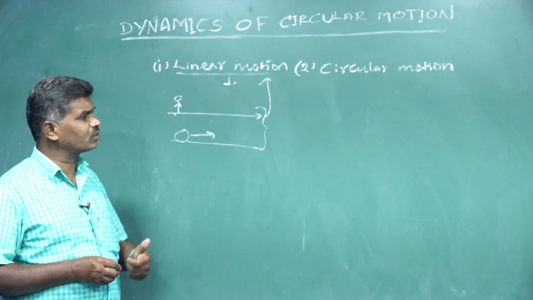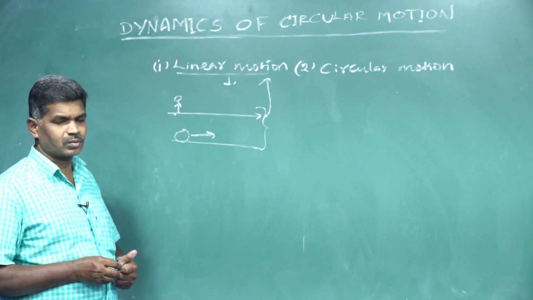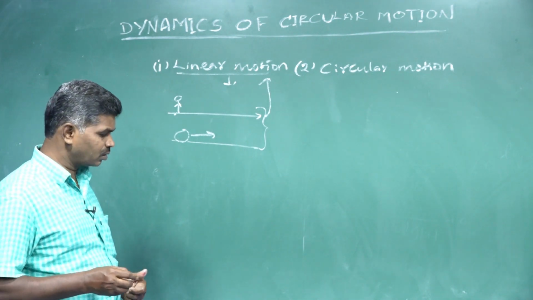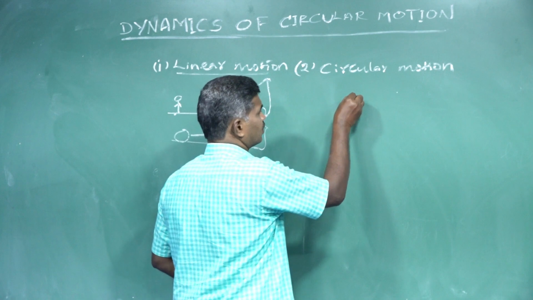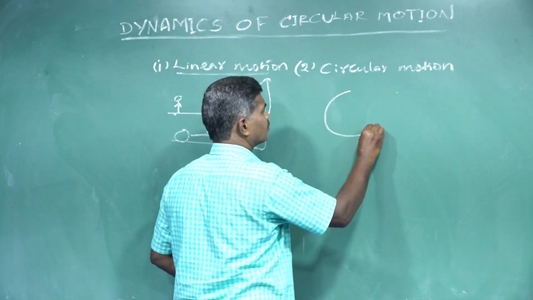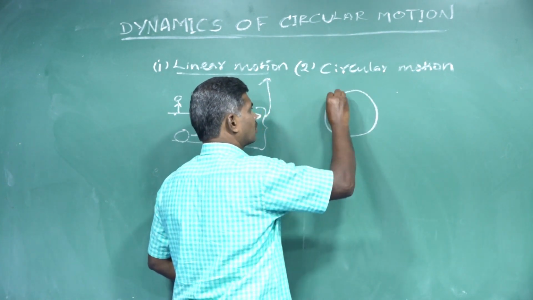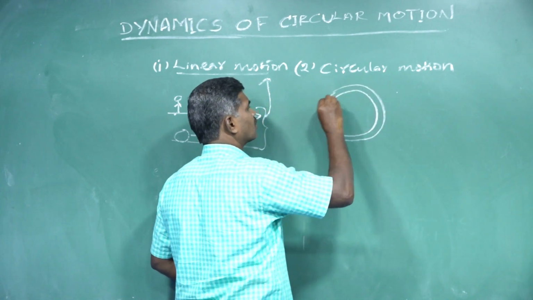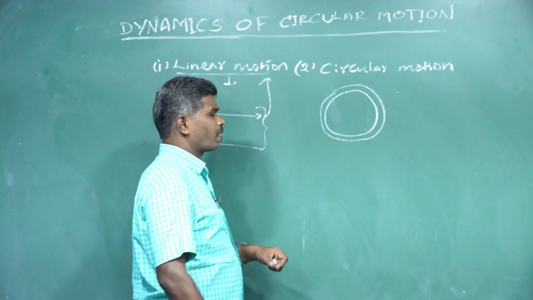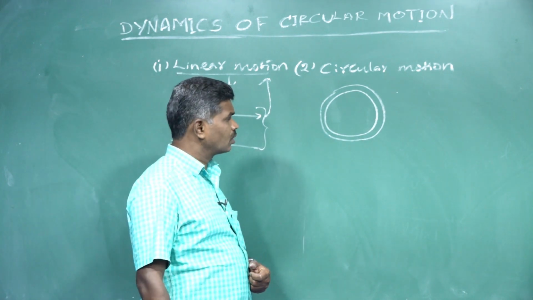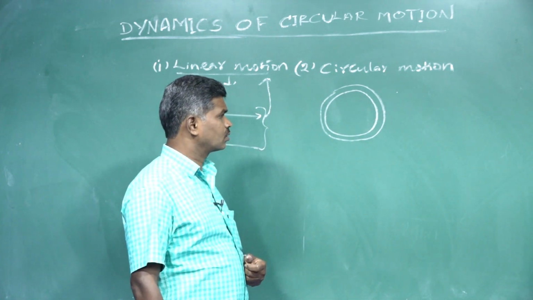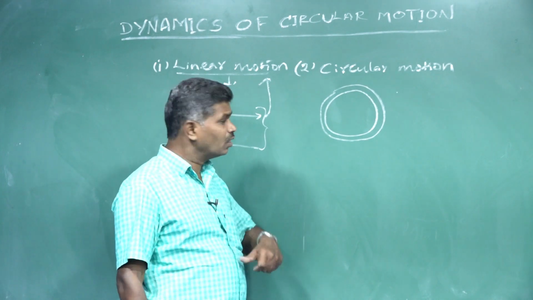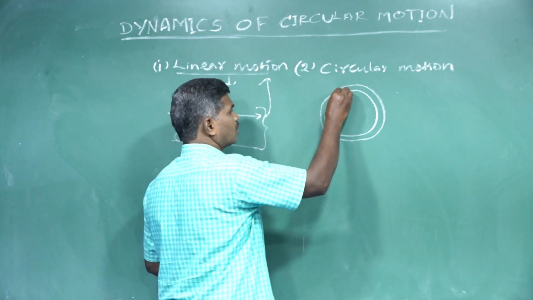And next we are going to see about circular motion. What does circular motion mean? If you have a circular track in our sports ground, in that we or any object moves in a circular path.